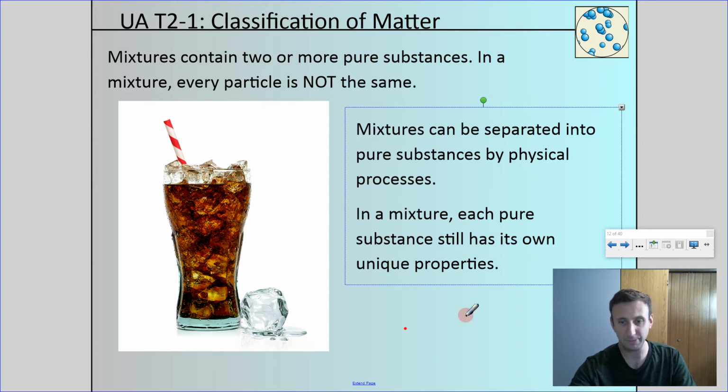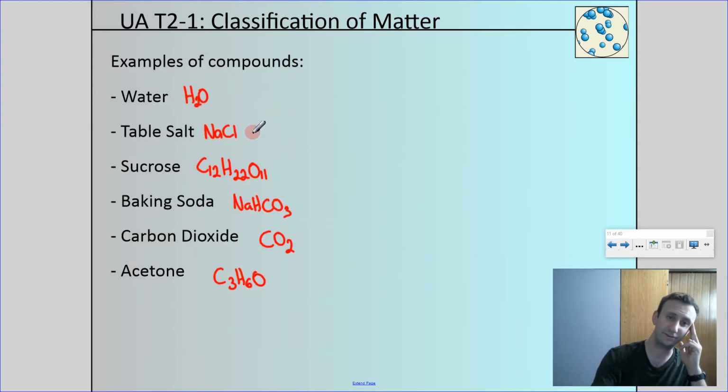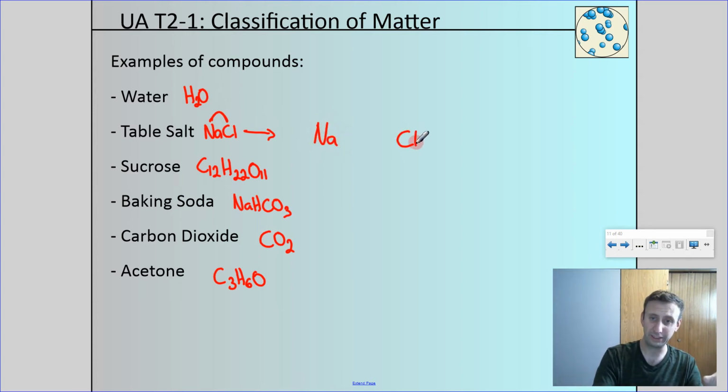And I'm going to back up for a second to talk about compounds. Let's consider table salt as an example. It's a good classic example. The sodium and the chlorine are now together in one unit, chemically bonded. That's very different than if I had sodium and chlorine as two separate elements.